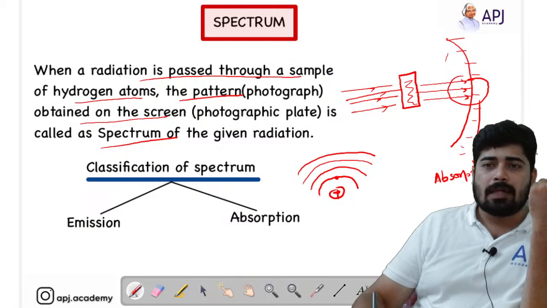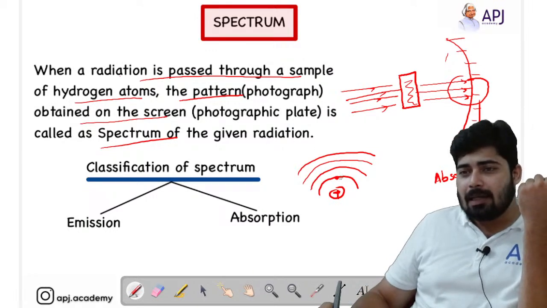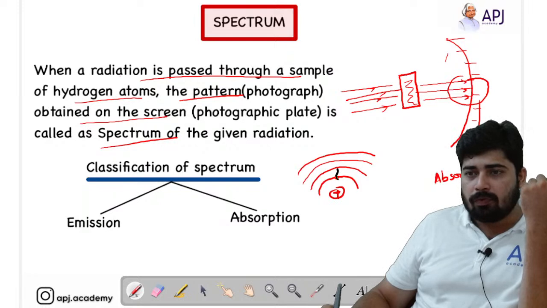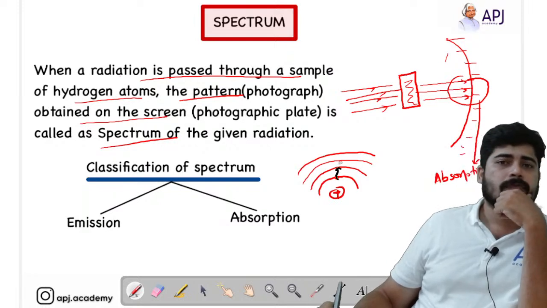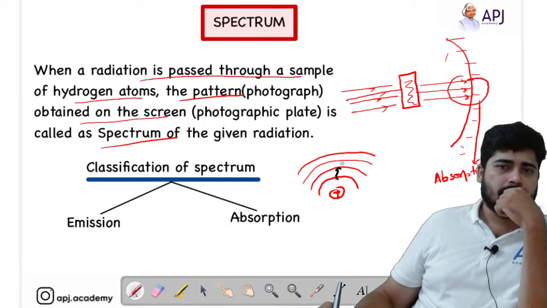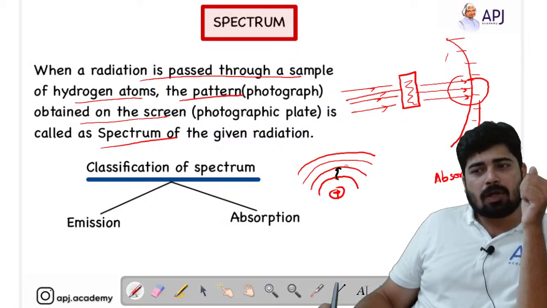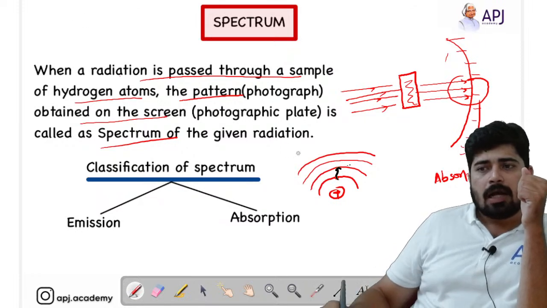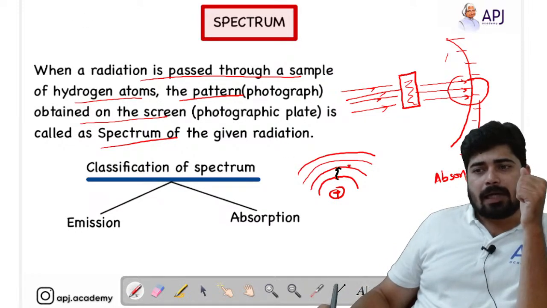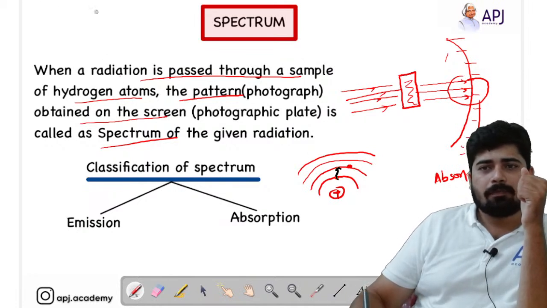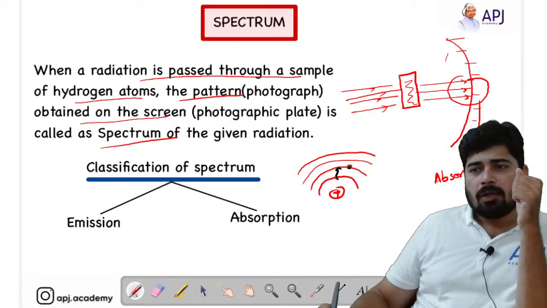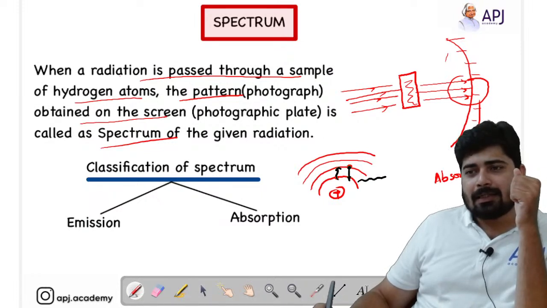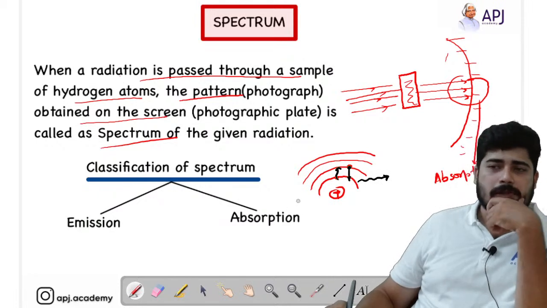Now as soon as the energy is absorbed, this electron will move up. That is, after absorption, the electron jumps to a higher energy shell. And after some time, this electron will jump back to the first shell by releasing a certain amount of energy.